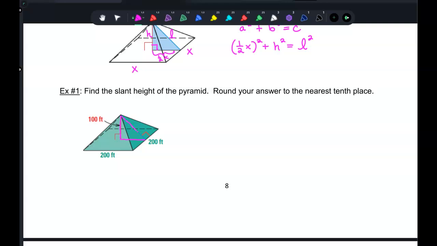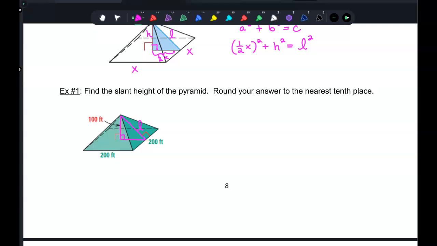The height is 100 feet. That's okay, because this is a 90 degree and this is 90 degree. That makes this side here, that is L.